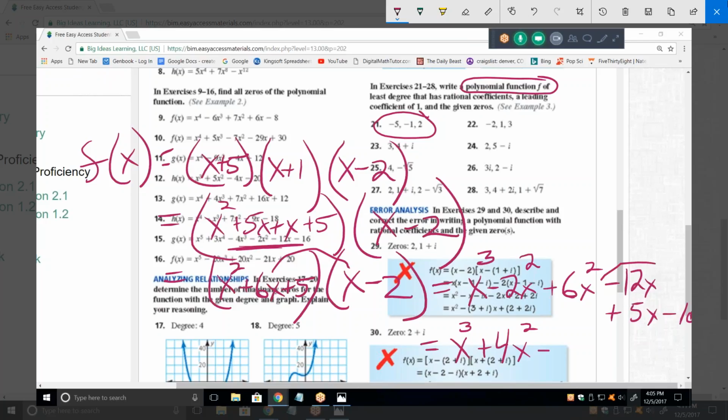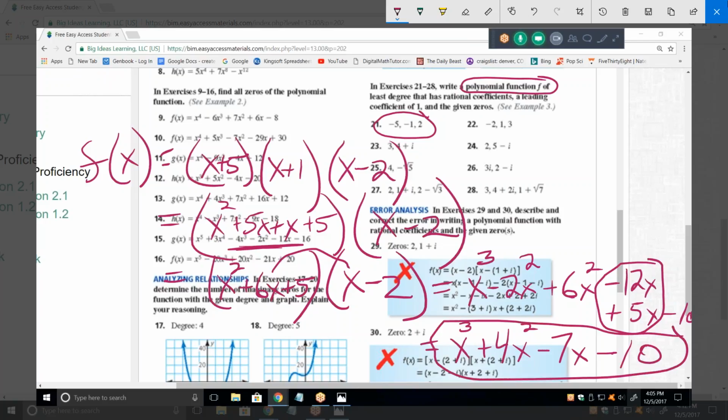The reason I wrote it like that is it makes it easy to do. I was out of room, so I didn't have any more room to write horizontally. But I put the x term under the other x term so you could combine them easily. Now, does that satisfy their request?